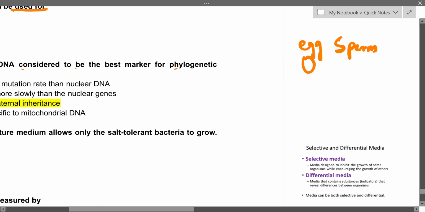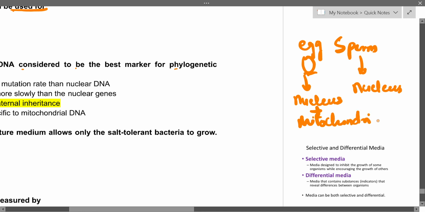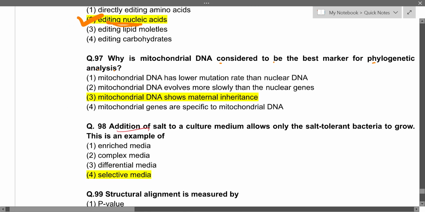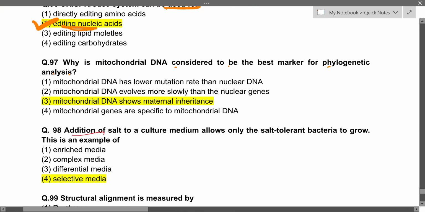From the sperm we derive the nucleus, but from the egg we derive the nucleus plus mitochondria. So that is the reason why mitochondrial DNA is considered to be the best marker for phylogenetic analysis, because mitochondrial DNA shows maternal inheritance. It is inherited from our mother.